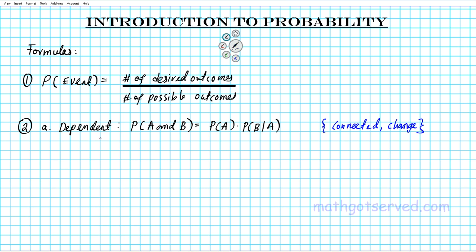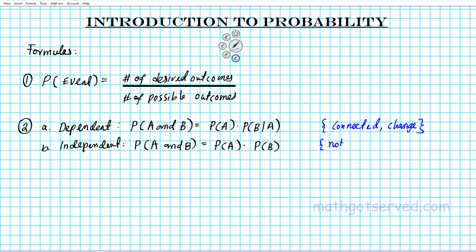On the flip side, you have independent events, where one does not affect the other. In that case, the probability of A and B for independent events is the probability of A times the probability of B. Independent events are not connected.